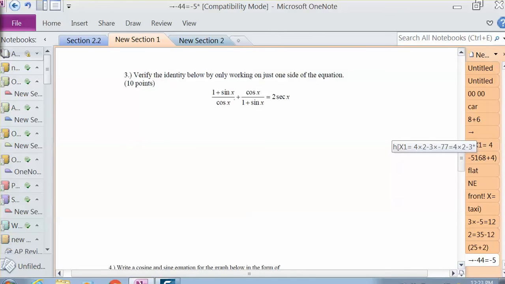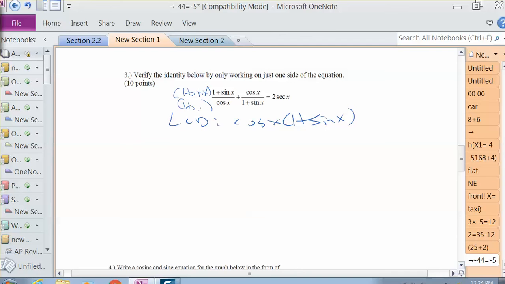All right, let's talk about verifying an identity. Now in this case, you want to just work on one side, as I mentioned. What I probably would do is find the LCD for the left side, which of course is cos x times 1 plus sine x. So we're going to multiply top and bottom of this by 1 plus sine x, and multiply this by cos x.